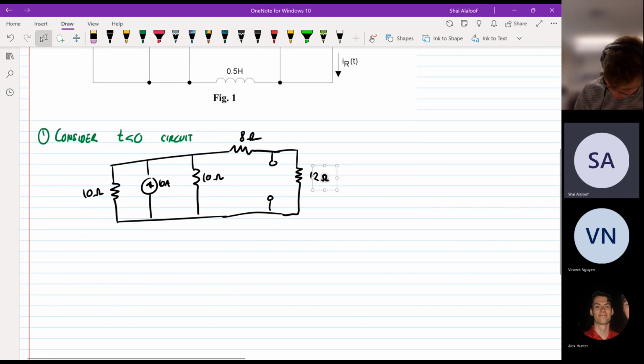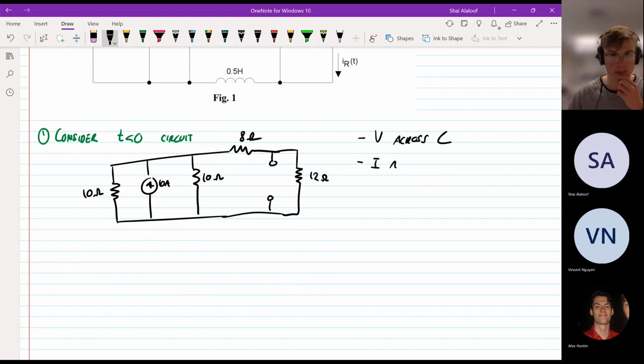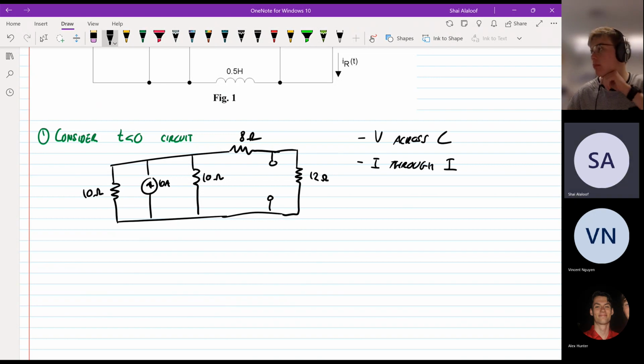So what I typically look for when I'm looking at this circuit is any voltages across capacitors and any currents going through inductors. Yeah, that's what I'm mainly looking for. So essentially just finding the initial conditions.